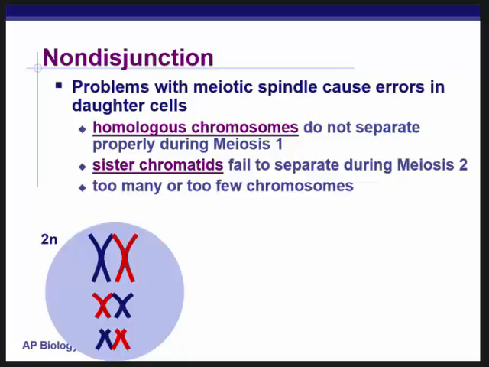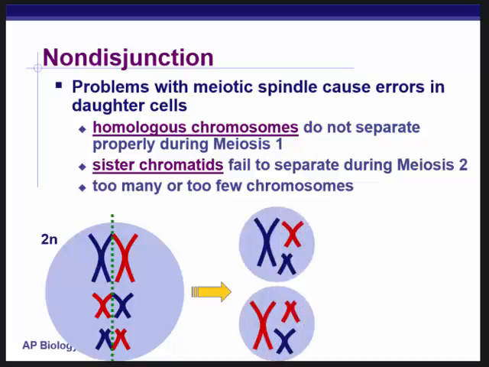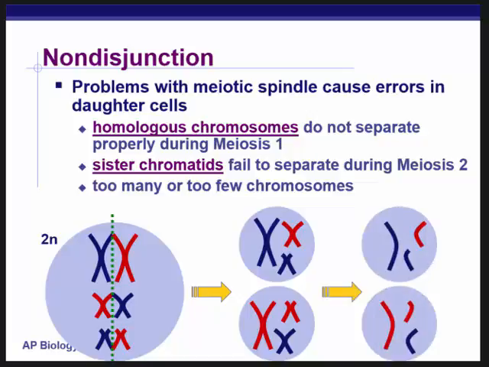So usually, if meiosis happens correctly, during meiosis 1, you have a separation of the homologous pairs of chromosomes, and each cell ends up with 3 complete chromosomes. Each gamete would then end up with 3 chromosomes, the correct haploid number.